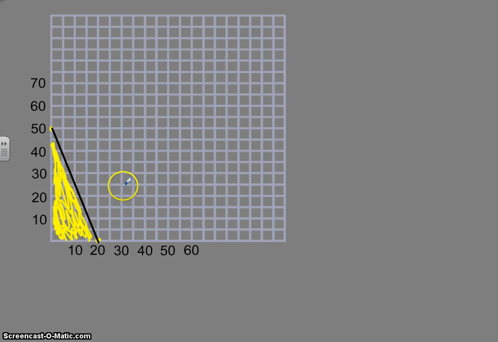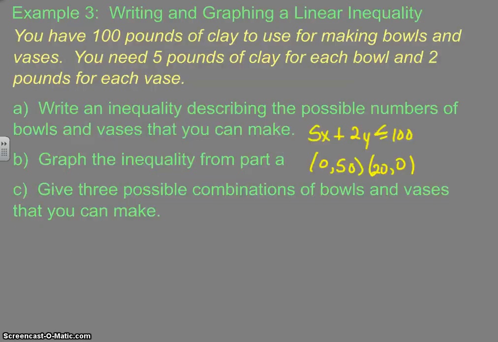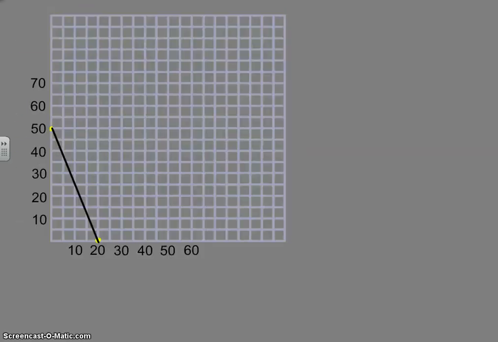Now I've got to give 3 combinations that work for us. Any point, and let's go back before we shaded it in. Any point here works. So what's this combination? Well, I can use 5 and 5.